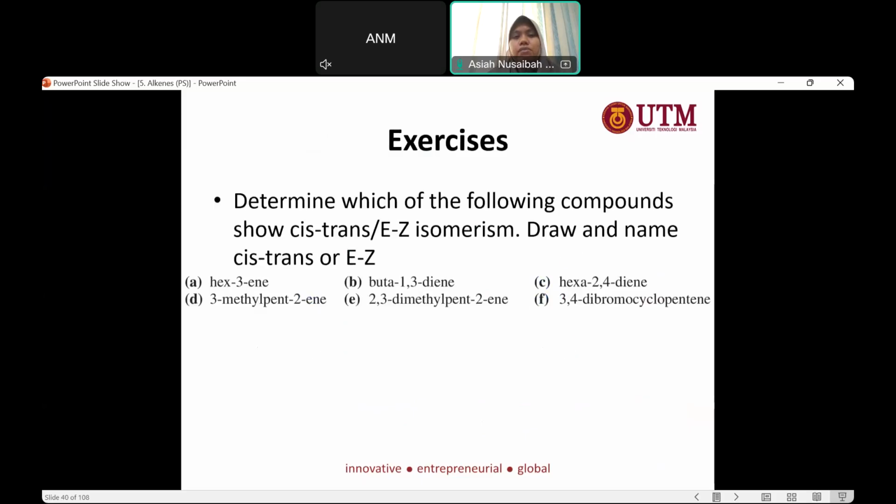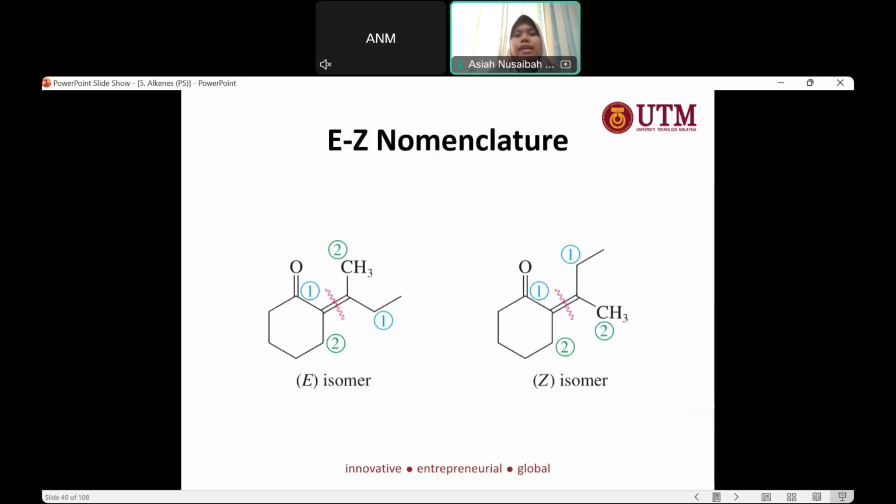nomenclature. So this is an example, some exercise. Let's see one more example and we will end the session. We will consider one side by side. On the left-hand side here, first we consider the cycle.